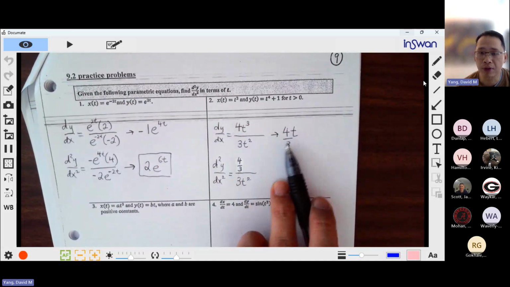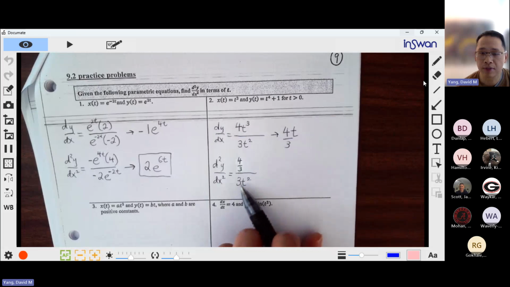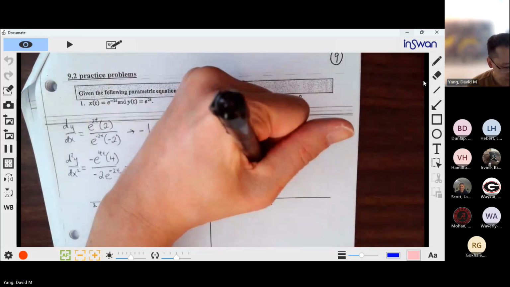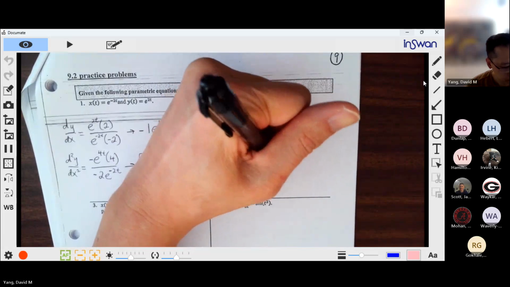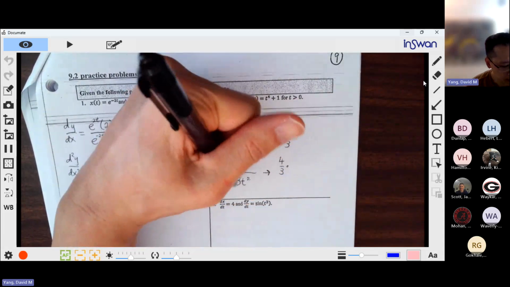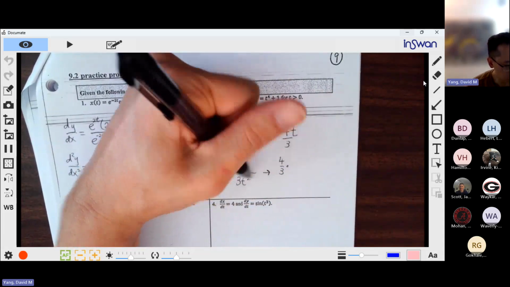Derivative of 4 thirds t is just 4 thirds divided by 3t squared. Same thing as dividing by, multiplying by the reciprocal.